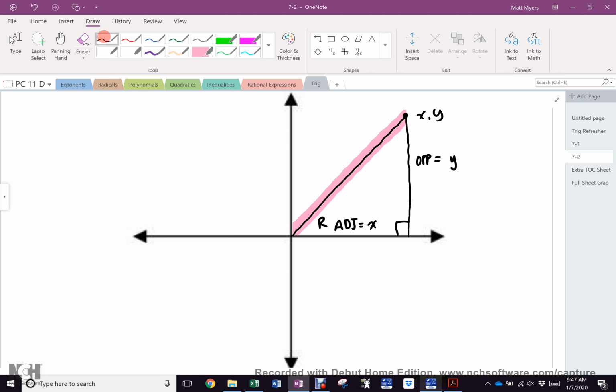What mathematical theorem? x squared plus y squared equals c squared, which is the hypotenuse, which is right here. All right? So is it x squared plus y squared, or is it something else?